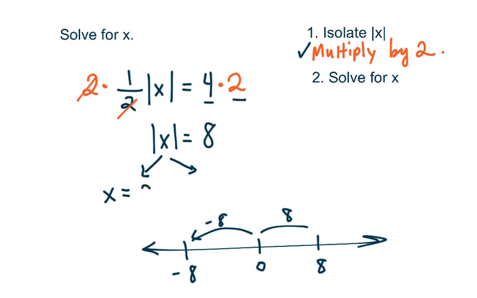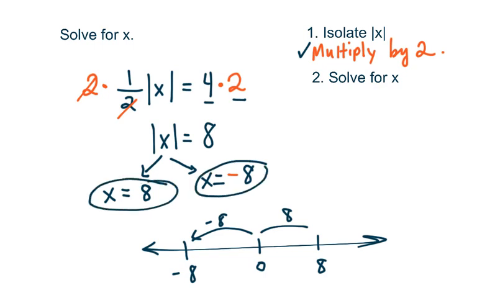And then I write the positive version of what it could be. And then on the right-hand side, I'll write x equals, and I will write the negative version of what it can be. And that is our answer right here. So solve for x, we are going to say x is equal to, and we're going to use the fancy way, plus or minus 8. And that is it.